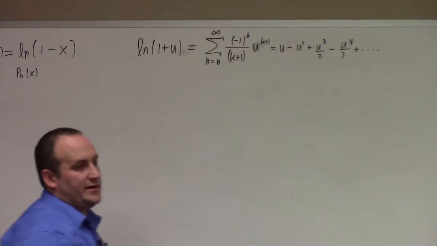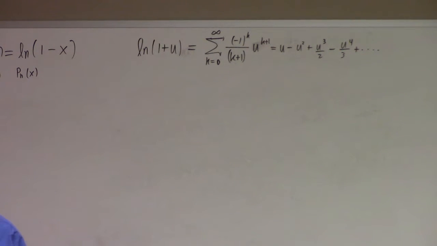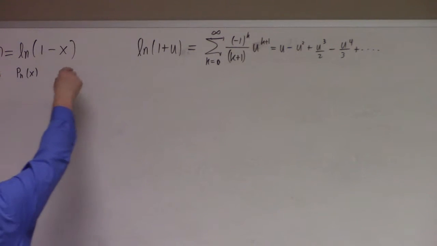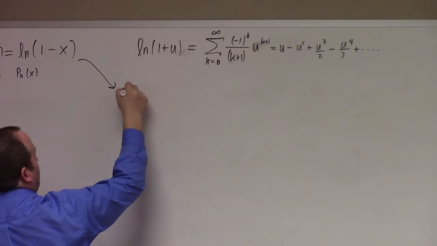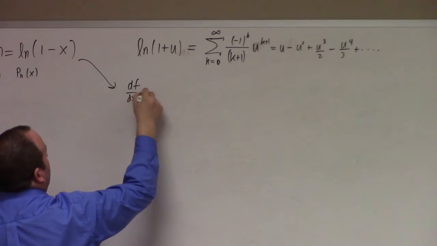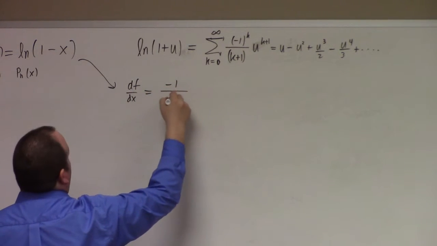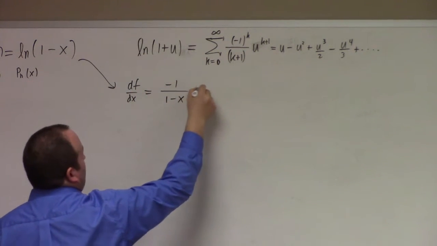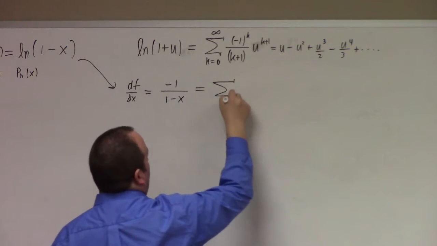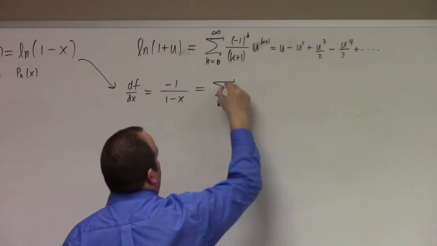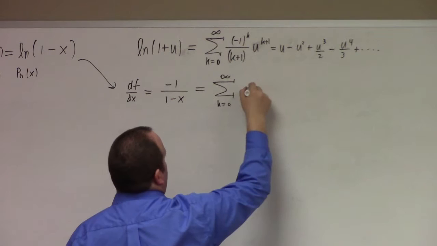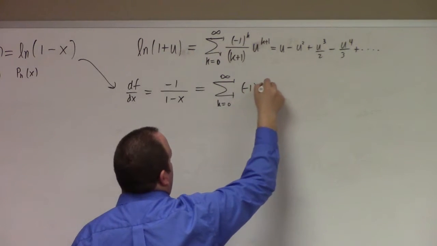We worked it out by differentiating, applying the geometric series, then integrating to get back to the series again. So you could do the same for this. You could go, okay, df dx is equal to minus 1 over 1 minus x, which is the sum k equals 0 to infinity of minus 1 times x to the k.